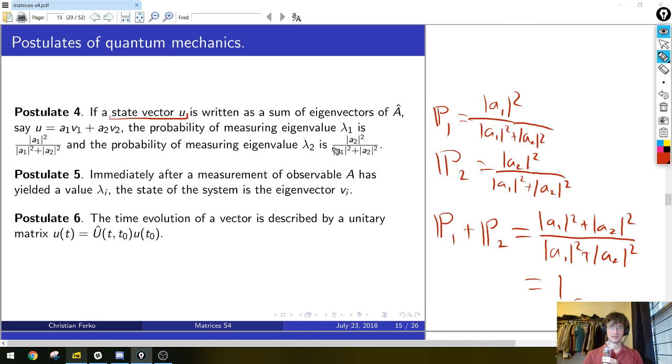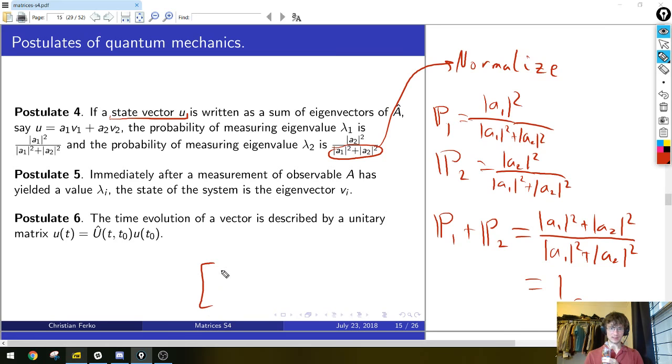And in fact, to avoid writing this because it's annoying, we will often do something called normalizing. When I say we normalize a vector, I mean we're just going to divide by this quantity ahead of time. We're going to divide by a1 squared plus a2 squared so that the denominator is 1 and we don't have to write it.